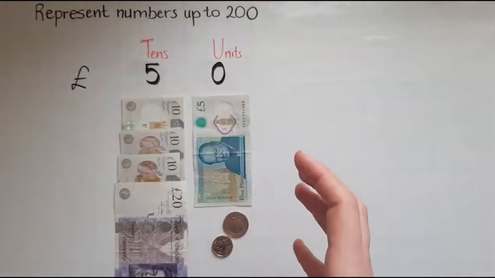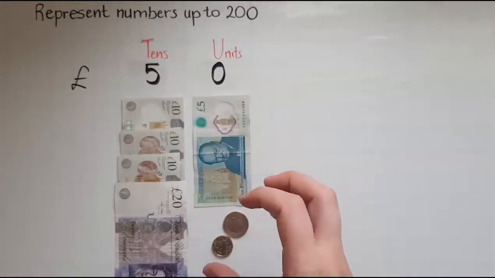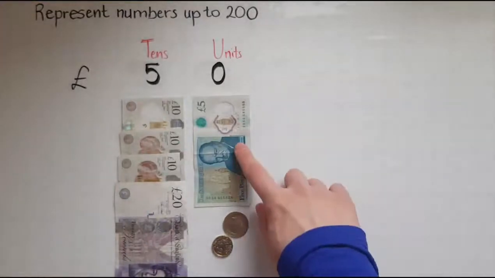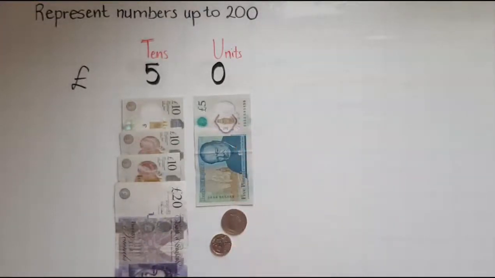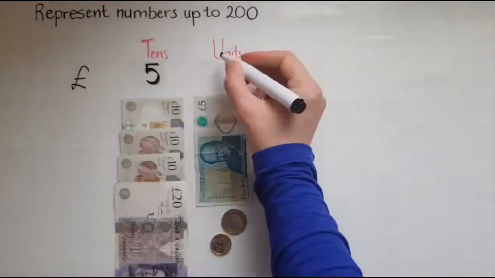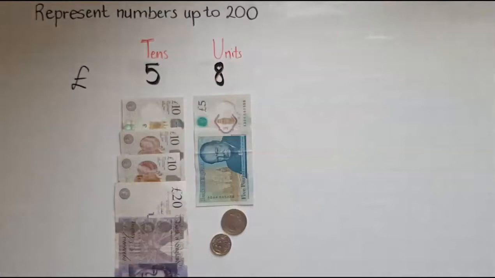It's not a 10 yet. I can't make a block of 10 to transfer to the tens. So it is a unit because I've got 5, 7, 8. So this needs to change to 8. So altogether I've got £58.